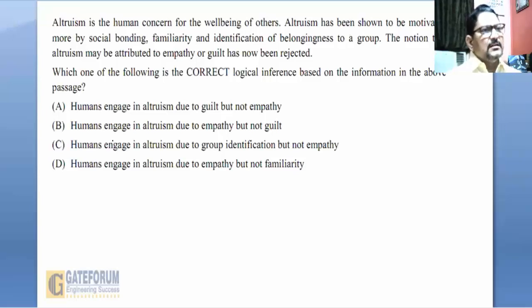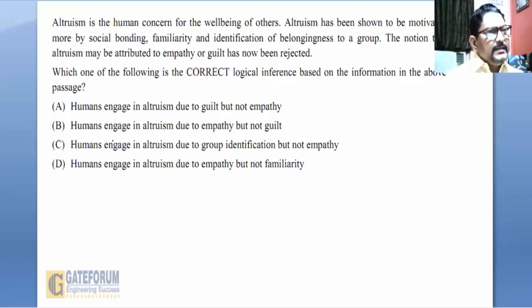I hope this is understood. The notion means idea. The idea that altruism may be attributed to empathy. Empathy means feeling pity or guilt has now been rejected. So that is the passage.